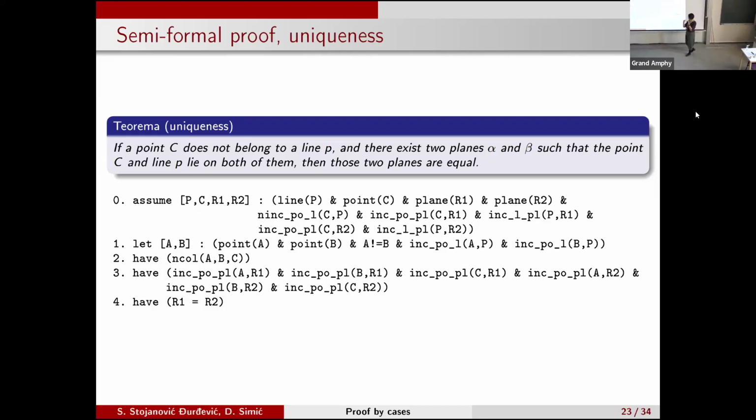So we will not need case distinctions on equality of planes. But okay, yes, you're right. I should rewrite that. But I think that I literally copied it from the high school book, so it is not on the same level.